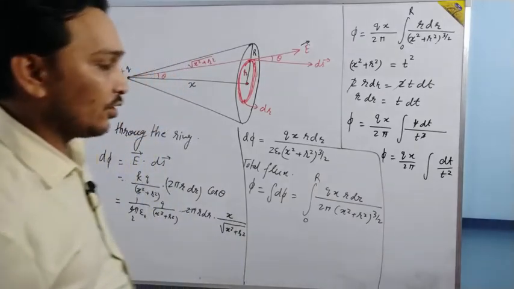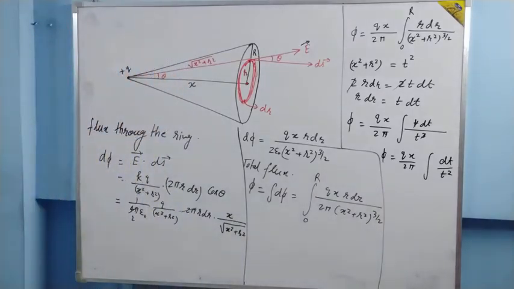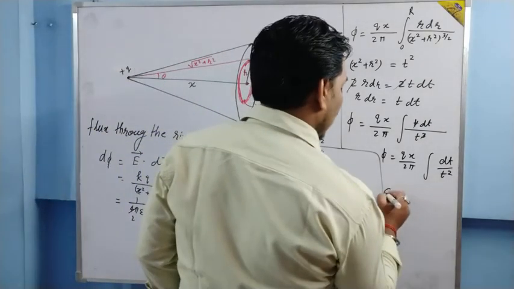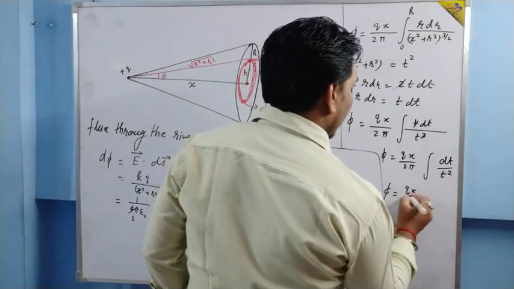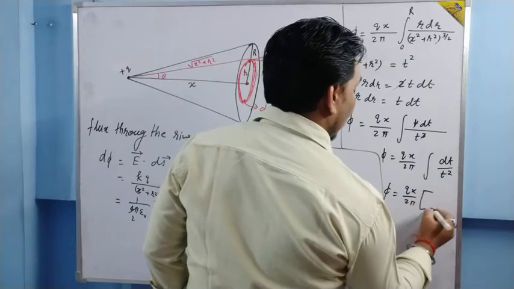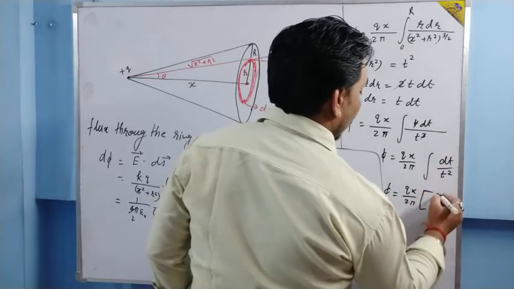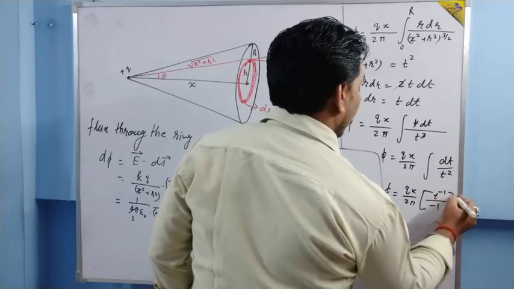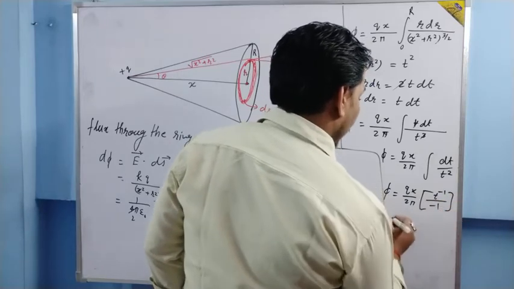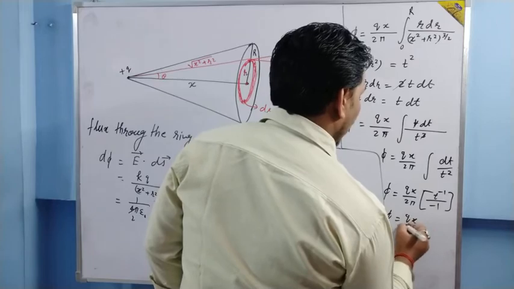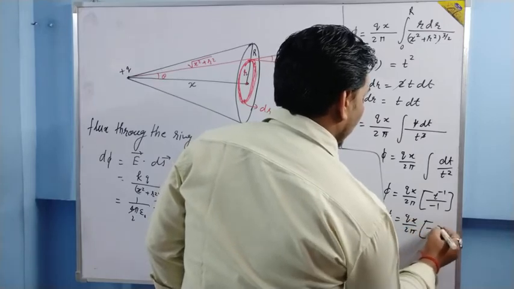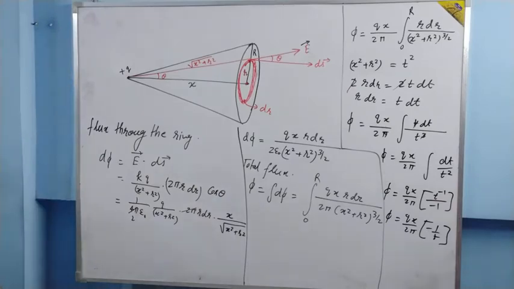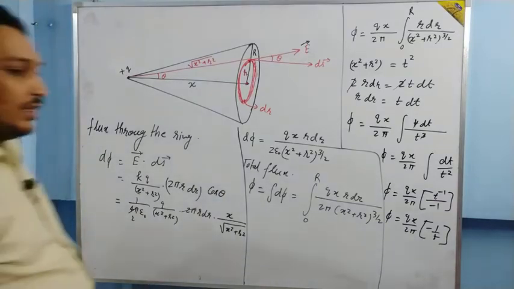Now what is the integration of t square? Phi is equal to qx upon 2 pi integration 1 upon t square. It will become t to the power minus 2 plus 1, so t to the power minus 1 upon minus 1. Or it can be written as qx upon 2 pi minus 1 by t. But t is not our variable.